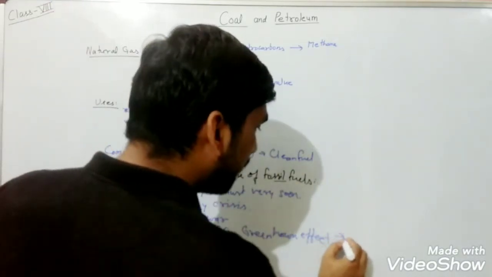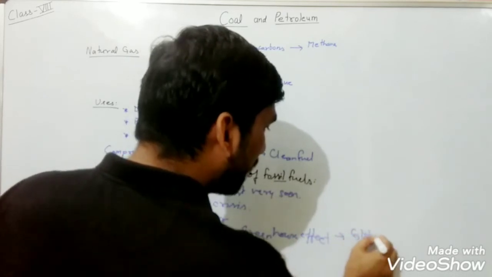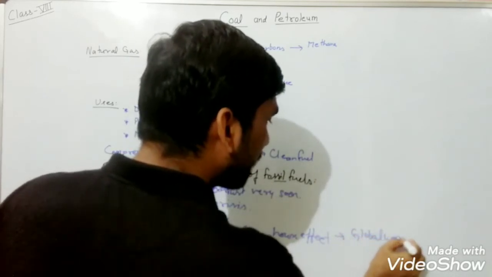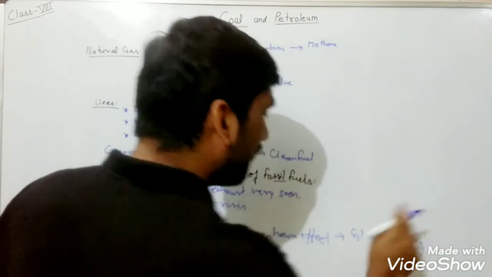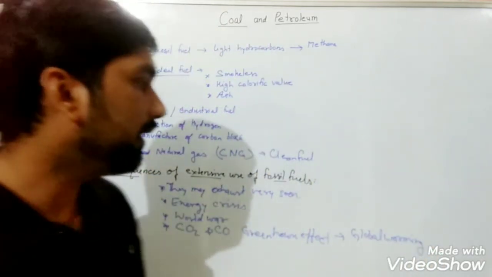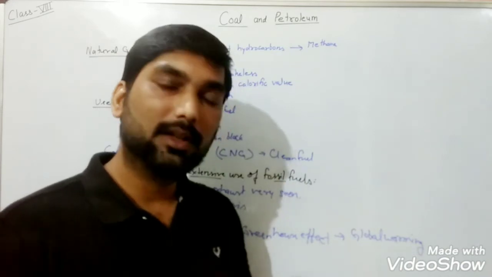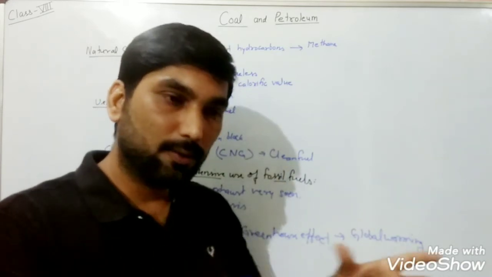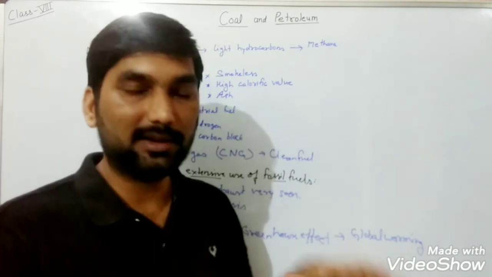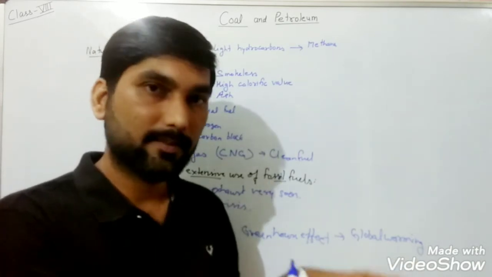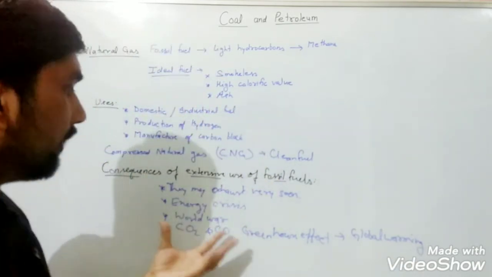Greenhouse effect. Finally, it is going to cause global warming, and this global warming is going to melt the glaciers, and so the coastal areas may submerge in the future. So this is also a drawback.